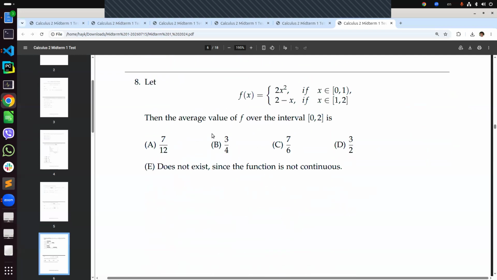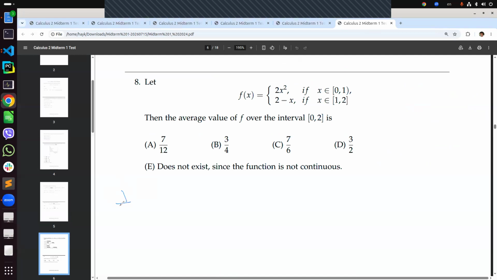Six and 8, yeah? Find the average value of the function on some interval. How can we calculate average value? It's from 0 to 2.